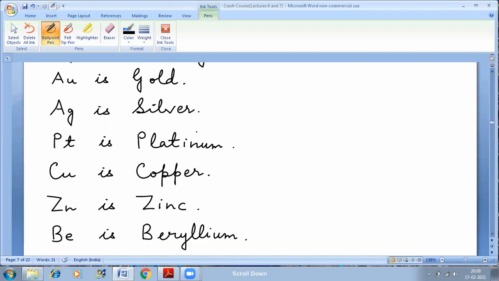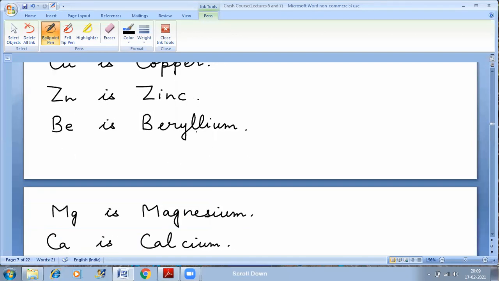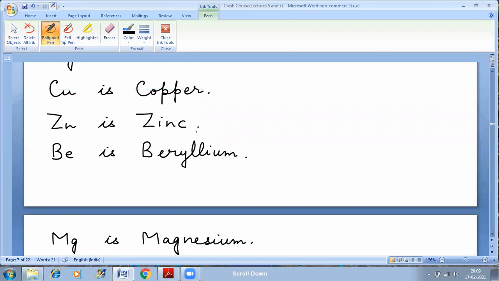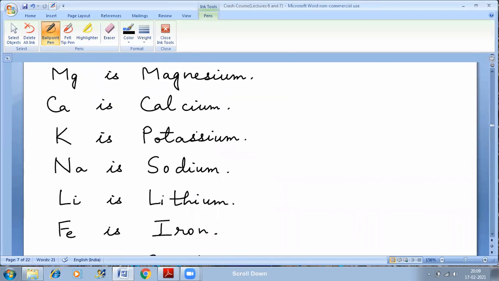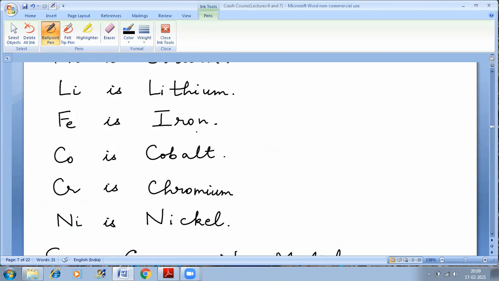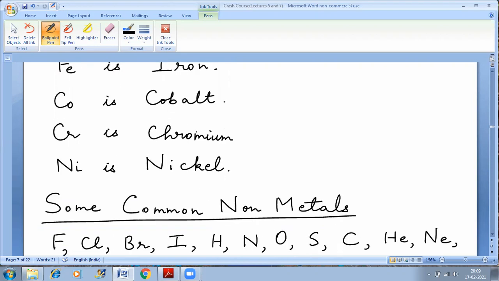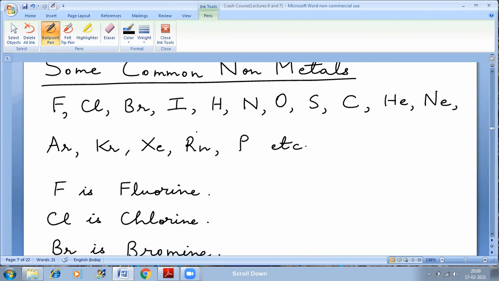Most of the names are familiar to you. Similarly, you should know some common nonmetals.